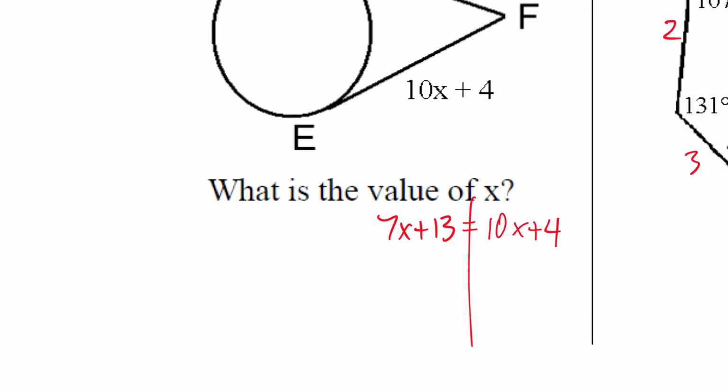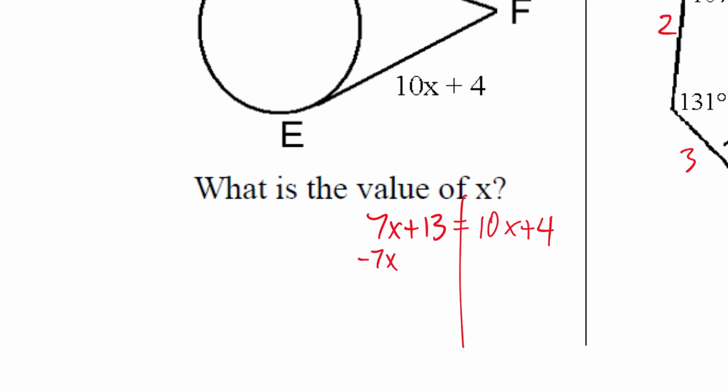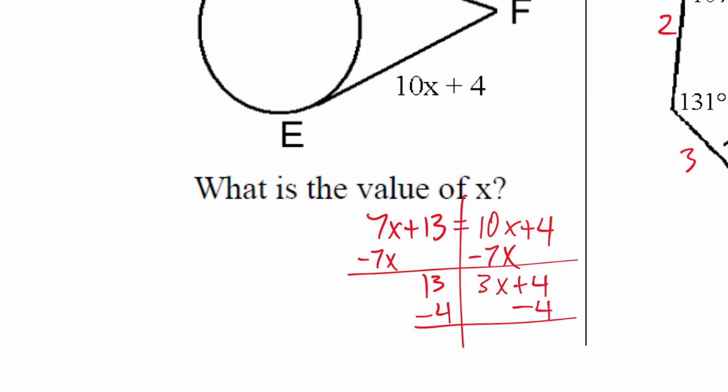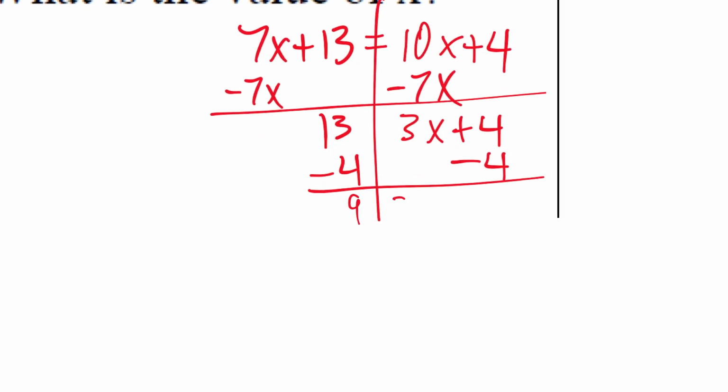Got number 30. These two are equal. We're going to subtract 7x from both sides. This gives you 13 equals 3x plus 4. Minus 4, 9 equals 3x, divided by 3, and x equals 3.